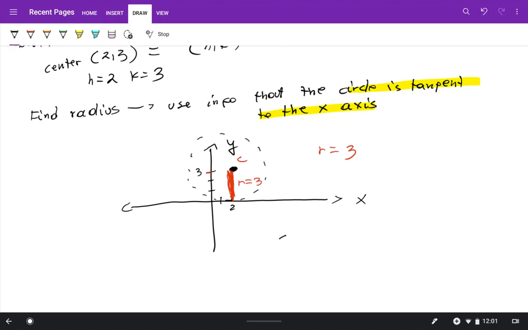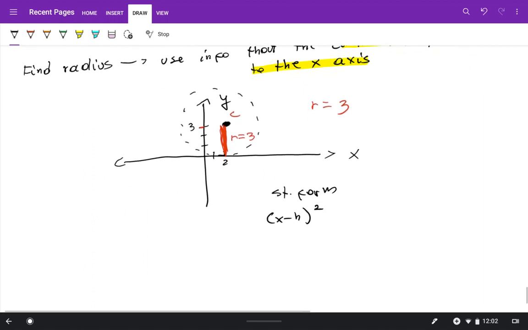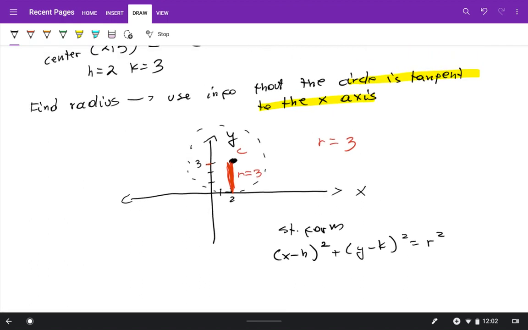So standard form is (x - h)^2 + (y - k)^2 = r^2. We know that h is 2.